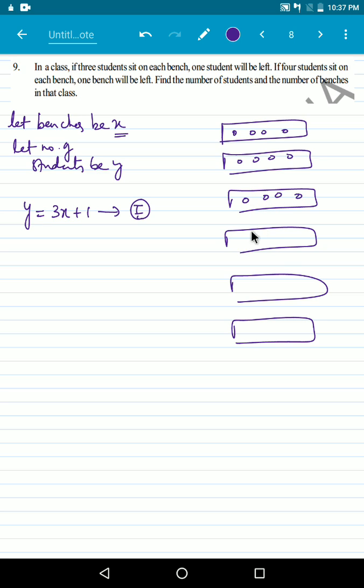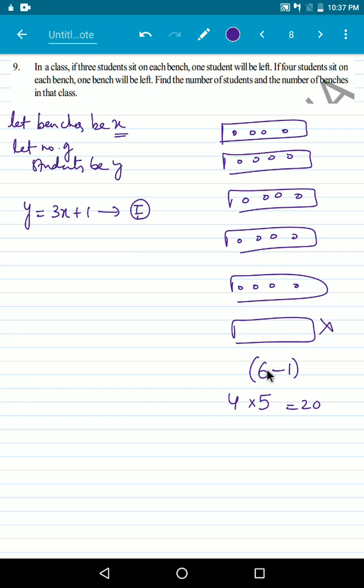That means 1 bench will be unoccupied, like this bench will not be occupied at all. So total 6 benches are there. Out of these 6 benches, 1 is unoccupied, so we need to subtract 1 from this. It will become 5, and on each bench 4 students are sitting. So 4 5s are 20 students will be sitting.